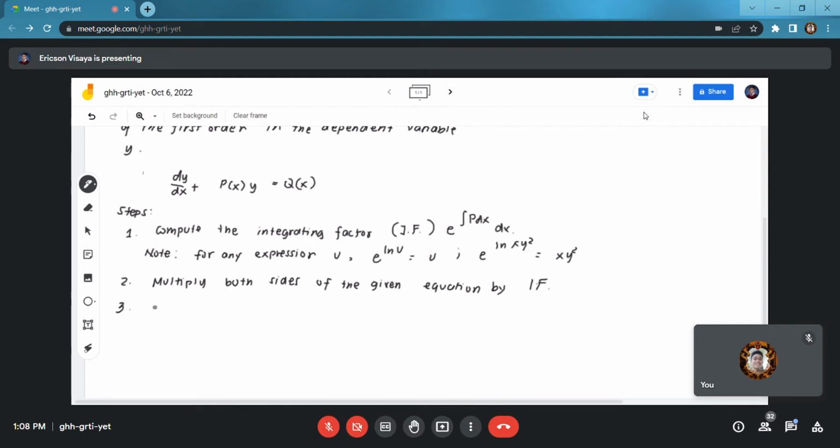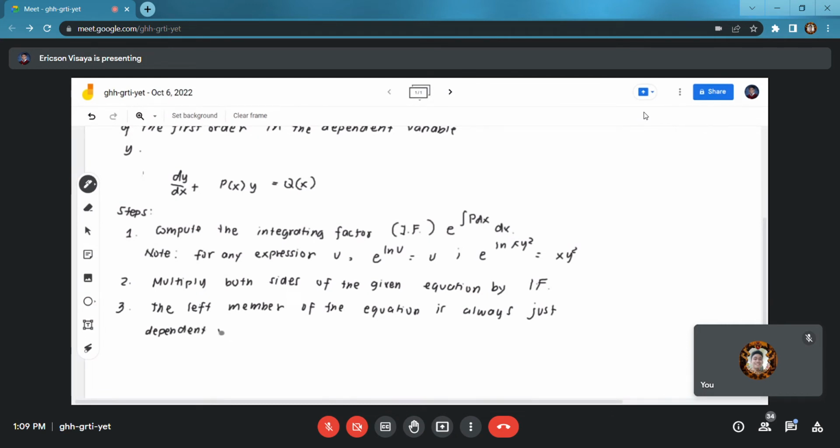Number 3 natin, the left member of the equation is always just yung ating dependent variable.